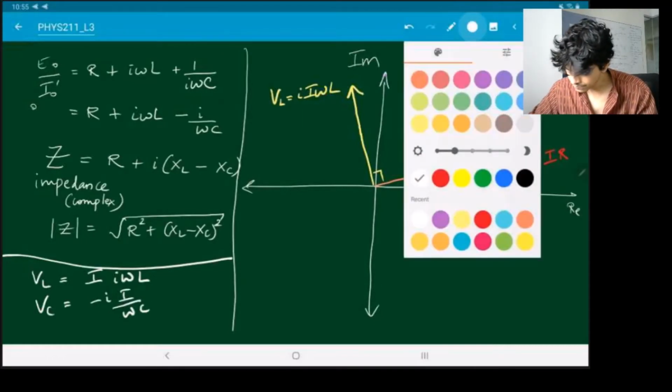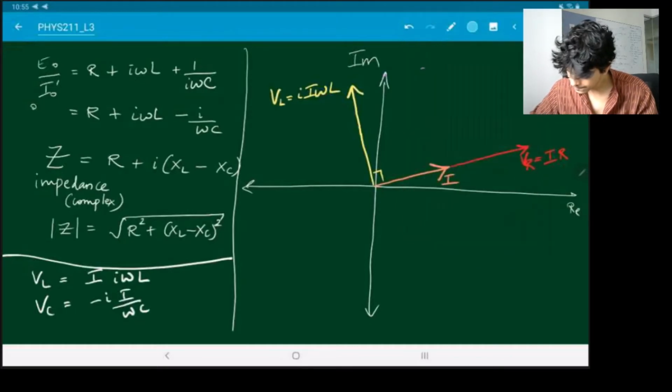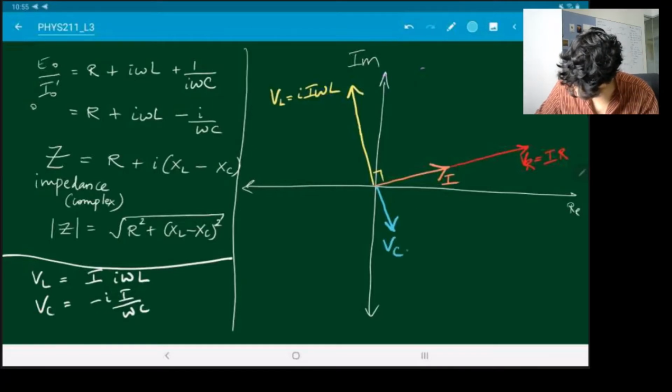So VC looks something like this, where this angle is also 90 degrees.